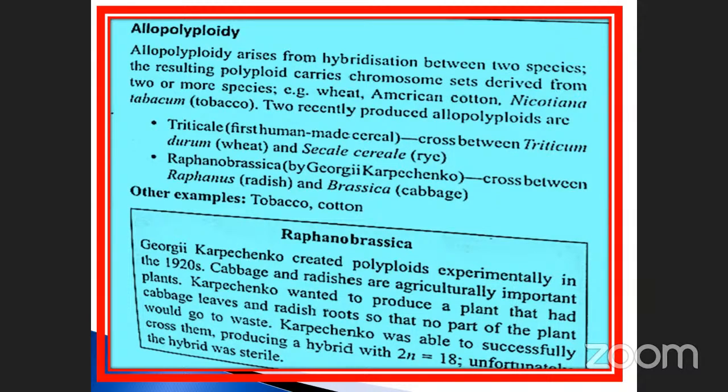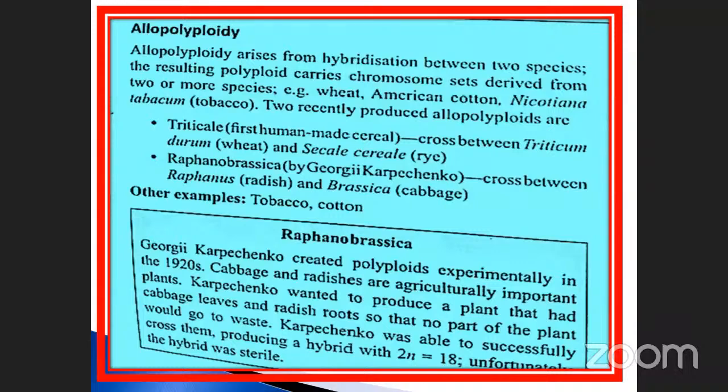So triticale is the new name given to the new plant after hybridization of these two, a cross between Triticum and Secale cereale, rye, resulting in the formation of F1. The name of this one is triticale. This is the first human-made cereal.